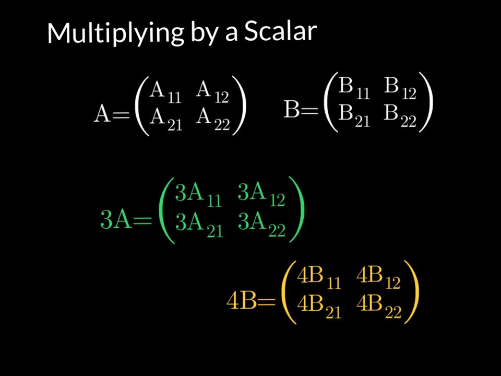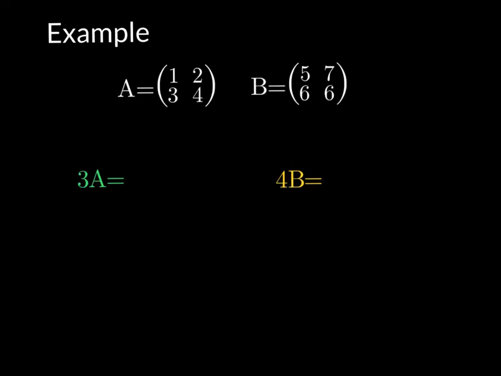Let's take a look at an example. So in this example, we have two matrices, A and B, and we're asked to calculate 3A, so multiply matrix A by 3, and 4B, multiply matrix B by 4. So let's look at 3A.